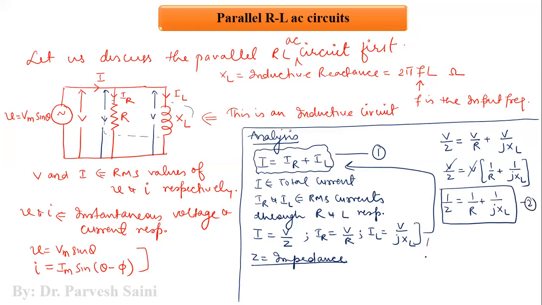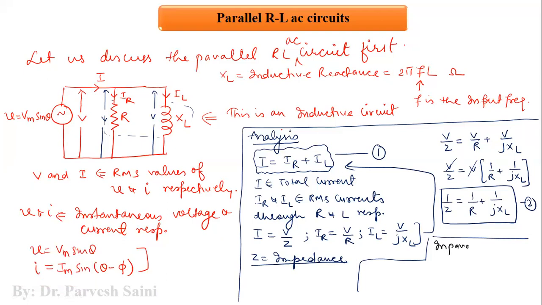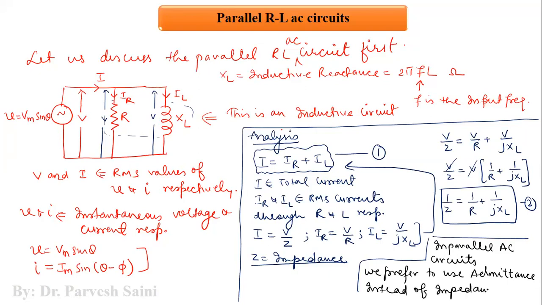Now, in parallel AC circuits, we generally prefer to use admittance instead of impedance, because using admittance instead of impedance in parallel AC circuits has its own advantages.